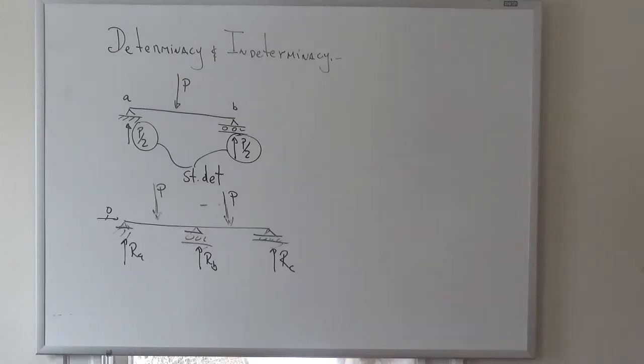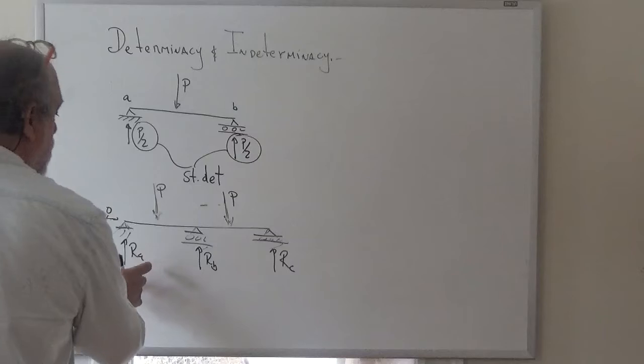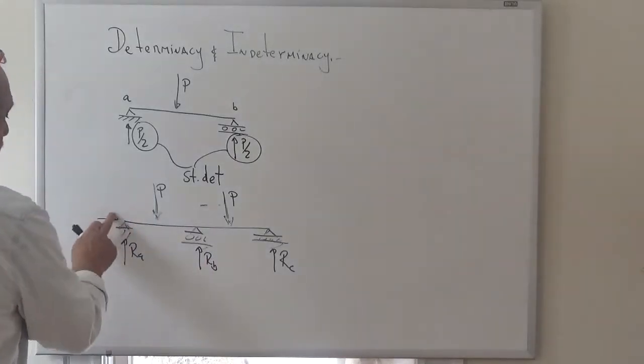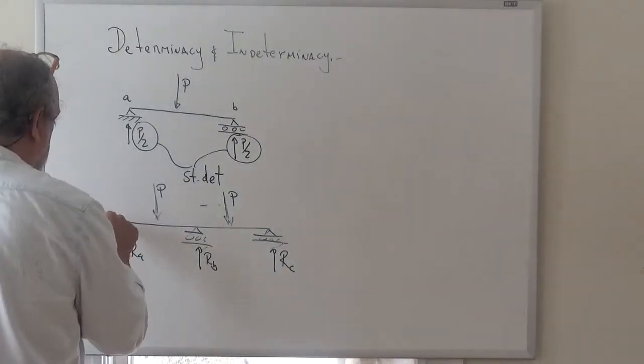Why? Because statics in a 2-dimensional problem like this gives you only 3 independent equations: sum of the forces in X, sum of the forces in Y, and sum of the moments, or an equivalent set, and you have 4 unknowns, 1, 2, 3, and 4, right?